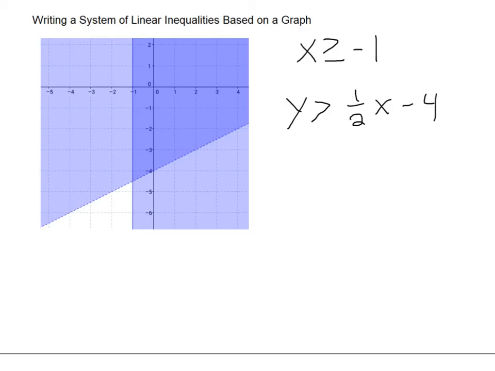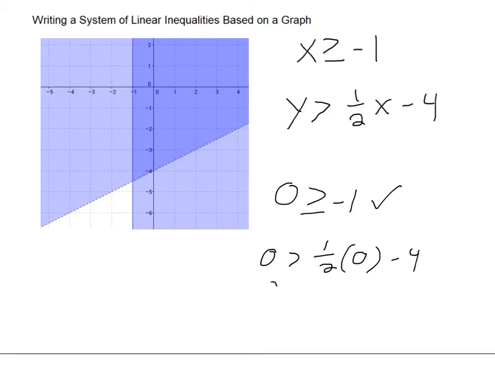I can pick any point that's within this dark shaded region and it will satisfy both inequalities here. Nice example would be the origin, (0, 0). If I plug 0 into my first inequality for the x, I get 0 is greater than or equal to -1, which is true. And if I plug (0, 0) into my second inequality, I have 0 is greater than 1/2 times 0 minus 4.